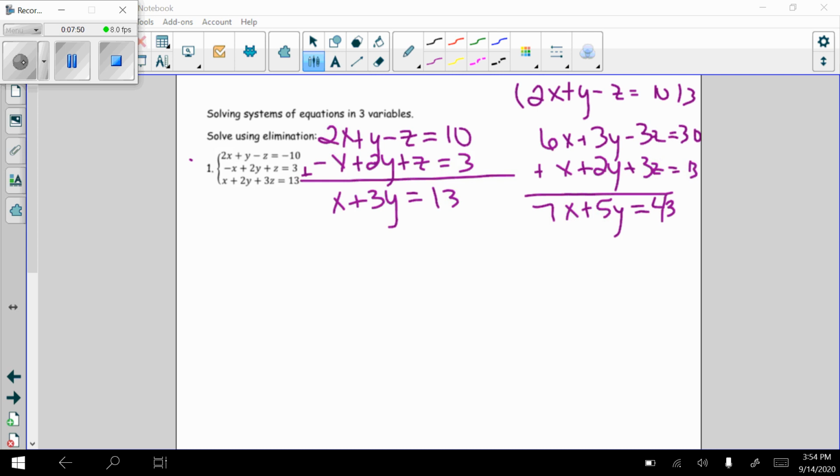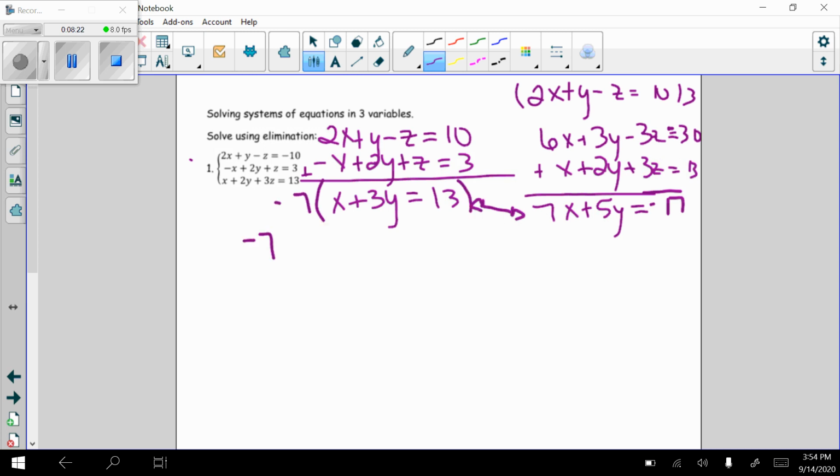Realize that this was a negative 30. So that's negative 30, so that is going to change this number right here. So it's really negative 30 plus 13, which is a negative 17 right there. So now I need to take these 2 equations and combine them to get rid of either an x or a y. I see I have 7x and an x, so I'm going to multiply this equation by negative 7.